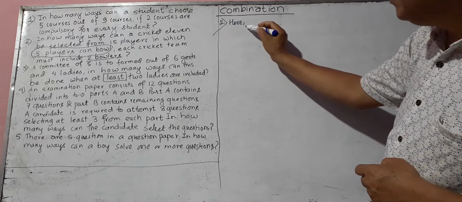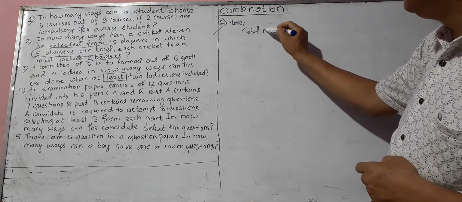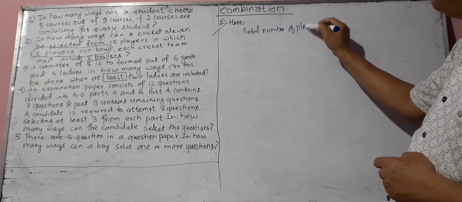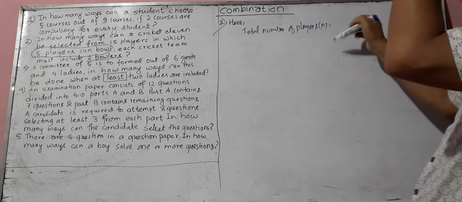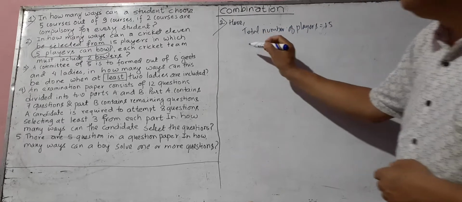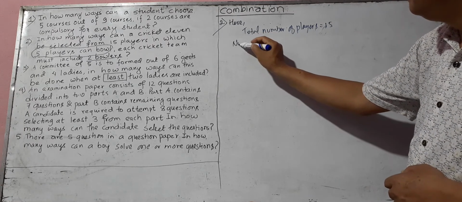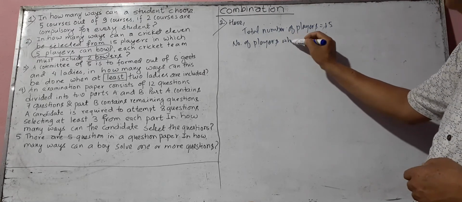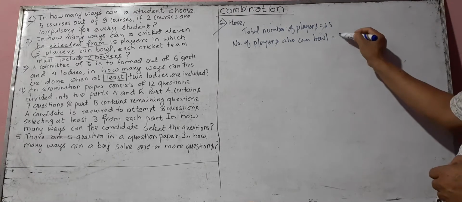Here the total number of players is 15, and the number of players who can bowl is 5.